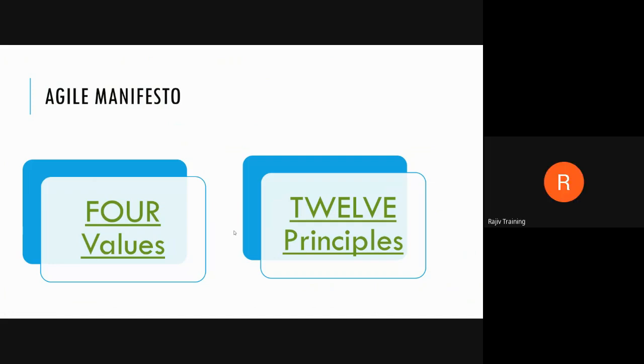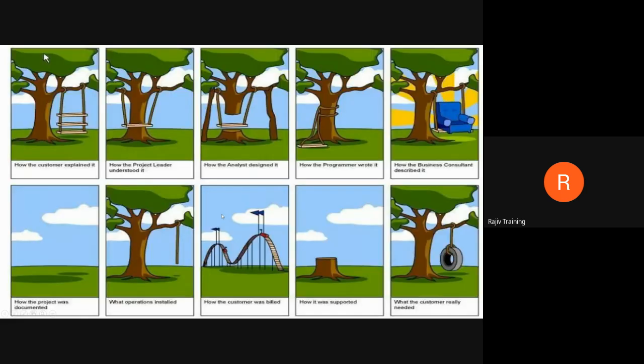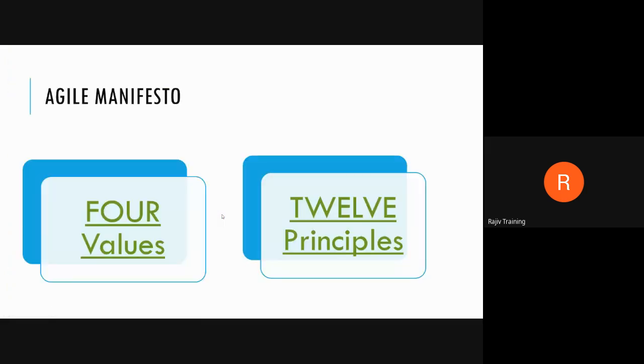No. Okay, no worries. We will cover the four values and 12 principles, but maybe I'll not be able to cover that in 10 minutes. And also, given it's the first day of the class, maybe we'll stop here. Tomorrow, we'll continue on the four values and 12 principles, if that's fine.